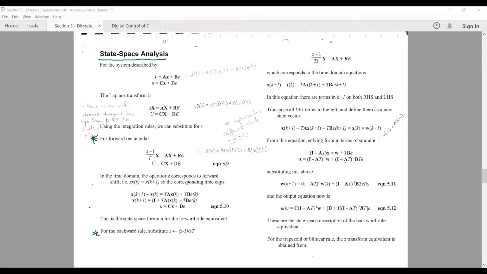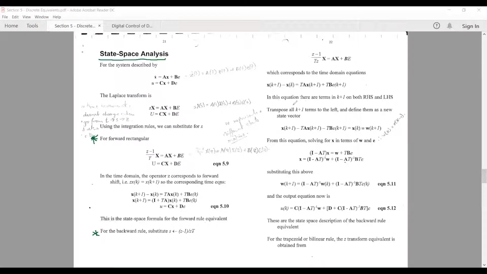In this equation, there are terms in k plus 1 on both the right hand side and the left hand side. So what we want to do is take all the k plus 1 terms to one side. When we collect all the k plus 1 terms on one side, we get x of k plus 1 minus T times A x of k plus 1 minus T times B e of k plus 1, and that is equal to x of k.